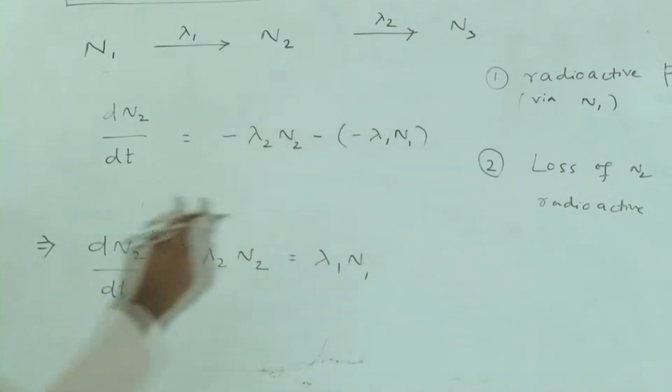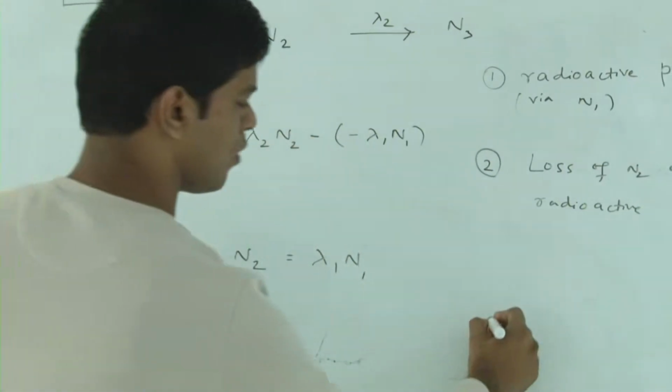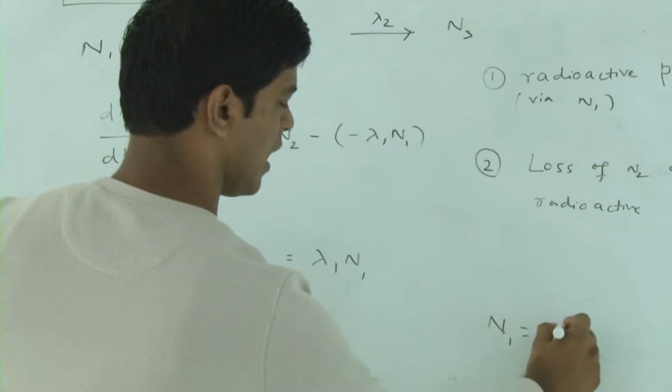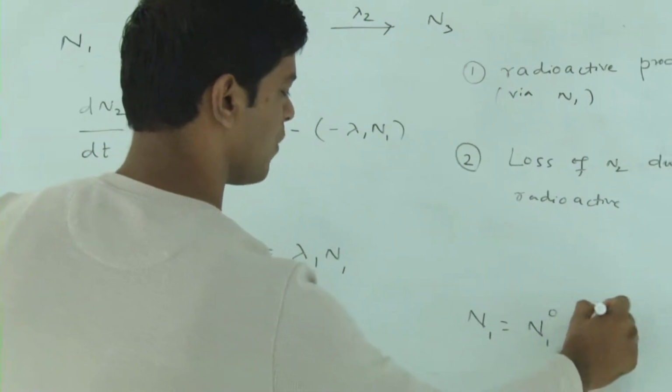So, the minus minus cancels out, you have N1. We know N1 is actually equal to N1 0 e to the power minus lambda 1 t.